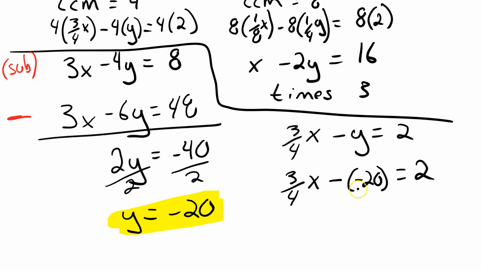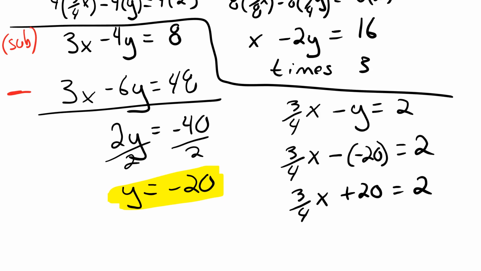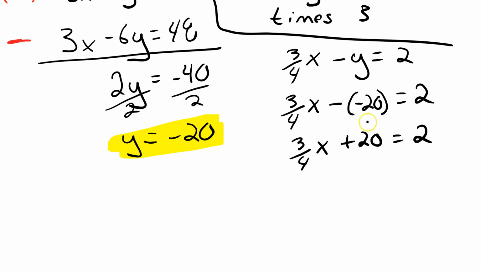I'm going to put the negative to the negative 20. So that's 3/4 x plus 20 equals 2. Bring the 20 to the other side, so it's going to be subtracted. 2 minus 20. So 3/4 x equals negative 18.